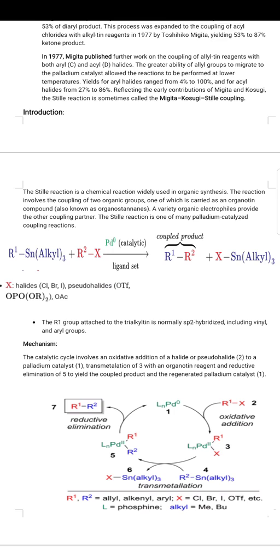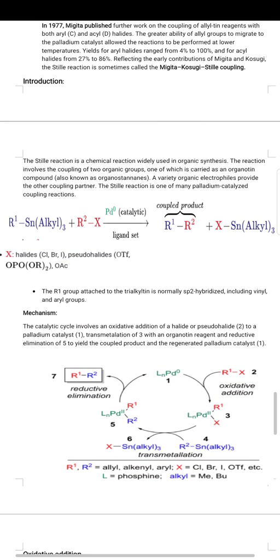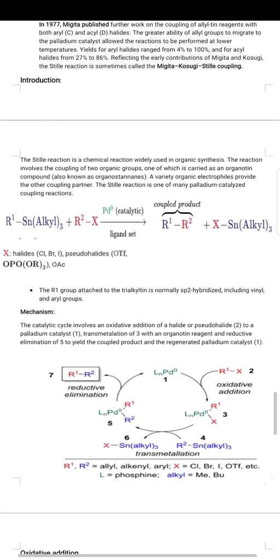The general reaction we can see here, where X may be a halide, which may be chlorine, bromine, or iodine. Pseudohalides such as OTf, OPO(OR)2, or OAc are the other options. There is a ligand set and a palladium catalyst we use, and the coupled product is R1-R2. The R1 group attached to the trialkyltin is normally sp2 hybridized, including vinyl and aryl groups.